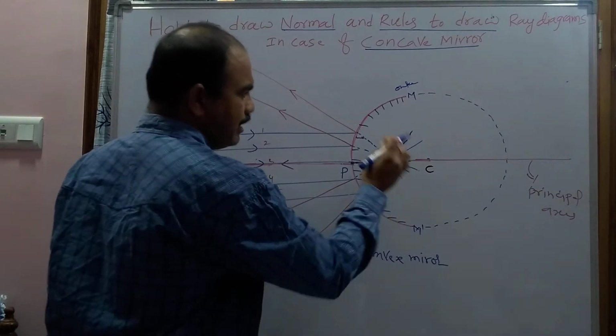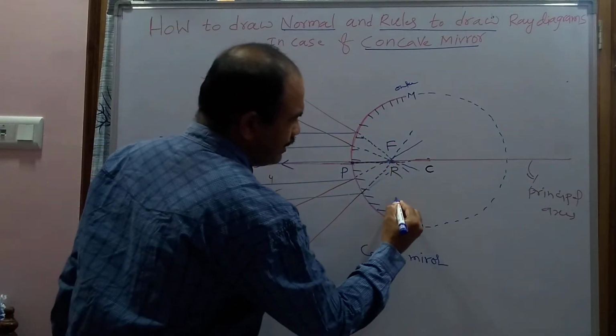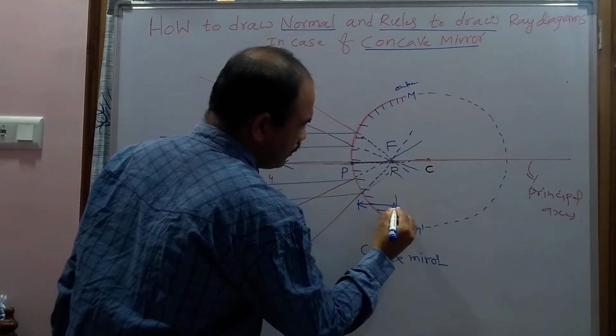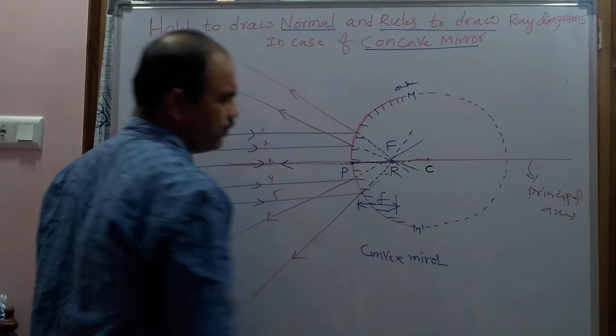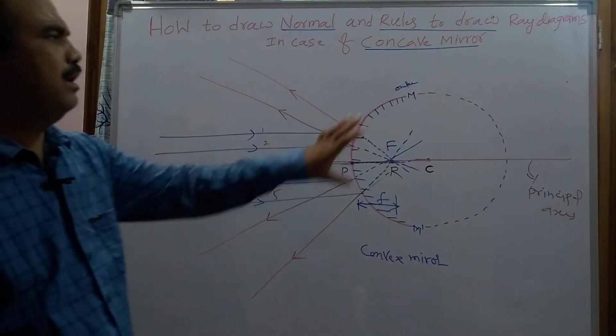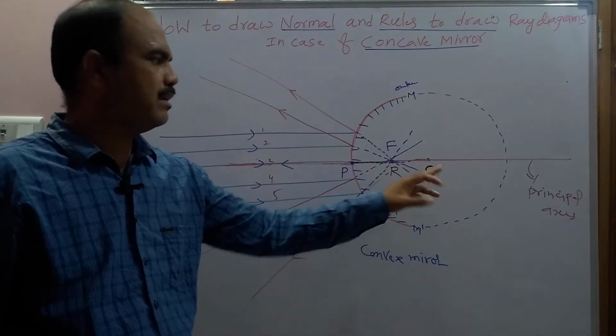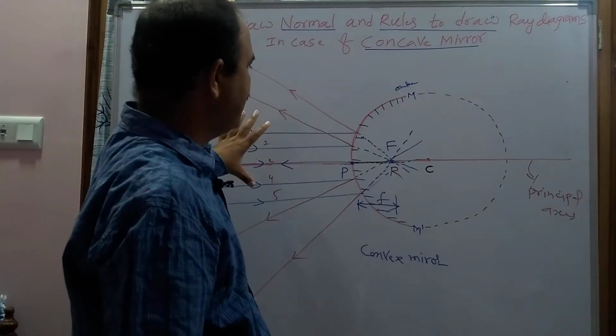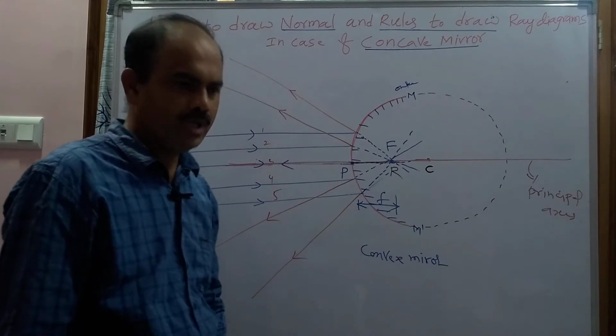That point is called the focus. The distance between the focus and the pole will be called the focal length. So this is the information about the aperture, pole, center of curvature, radius of curvature, principal axis, as well as the focus and focal length.